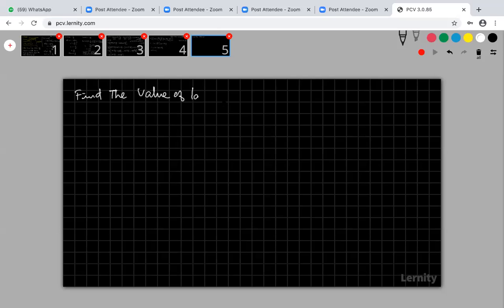But pi by 8 means 22 and a half degrees. So what is the value of tan of 22 and a half degrees? We don't know. We have to find it out.